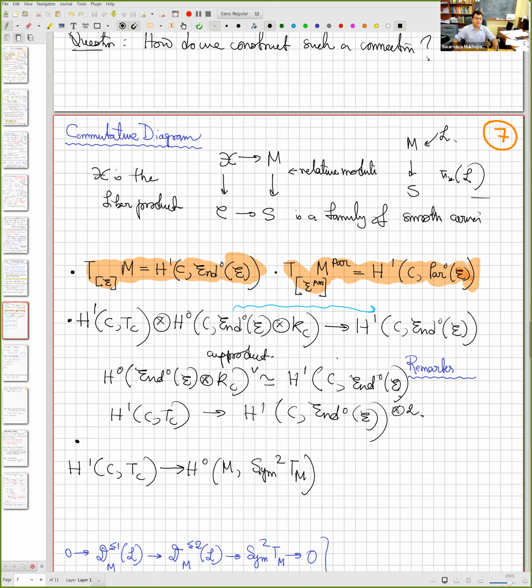In particular I will get a map from H1(T_C) to the symmetric power of the tangent bundle, because this product is symmetric. If you are familiar with the theory of Higgs bundles, this is exactly the quadratic part. This is exactly star.